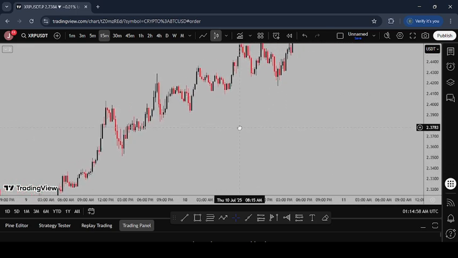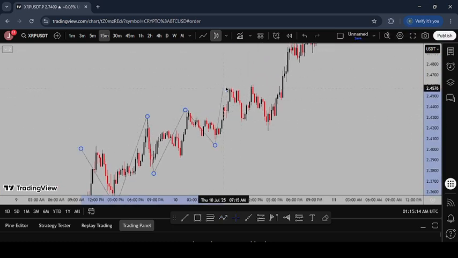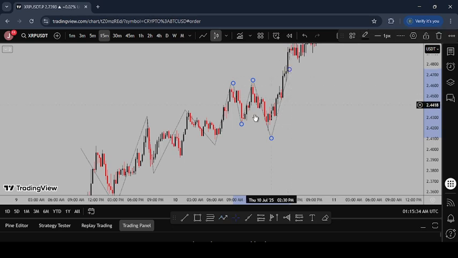Now the market created several series of swing highs and lows, then we got a swing high here, then another swing low, then another break of structure to the upside. Then all of a sudden I saw the market coming down to sweep this low for a continuation move, right? This is where I caught the trade.